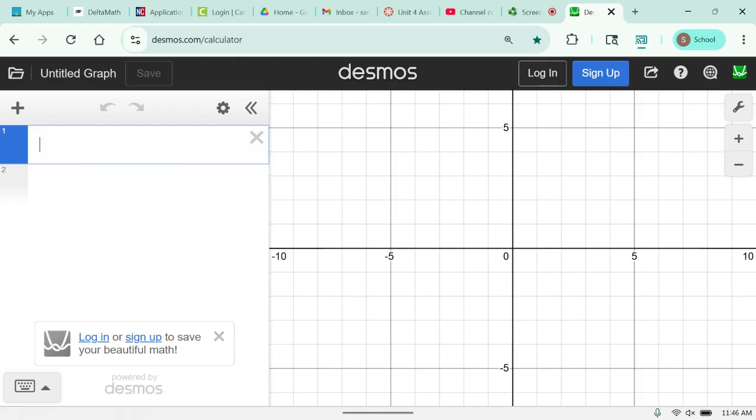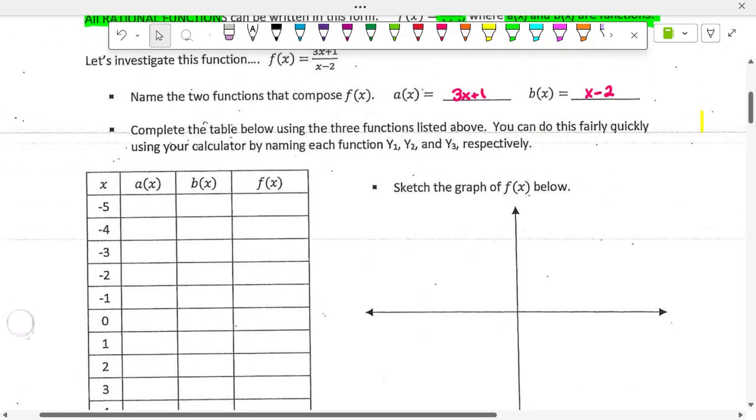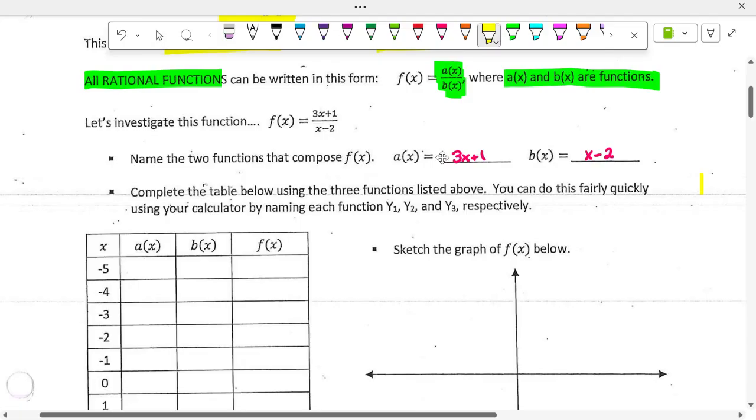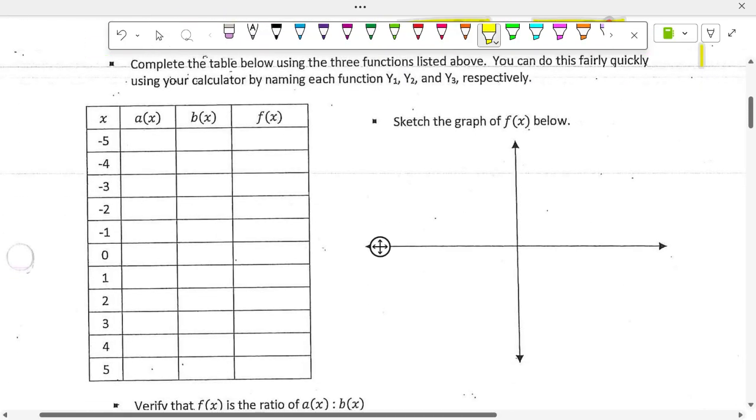Once you get Desmos up, here's what I want you to do. Put these two functions into Desmos, generate a table, and get the y values for all of the given x values, just for a of x and b of x. Don't do f of x yet.